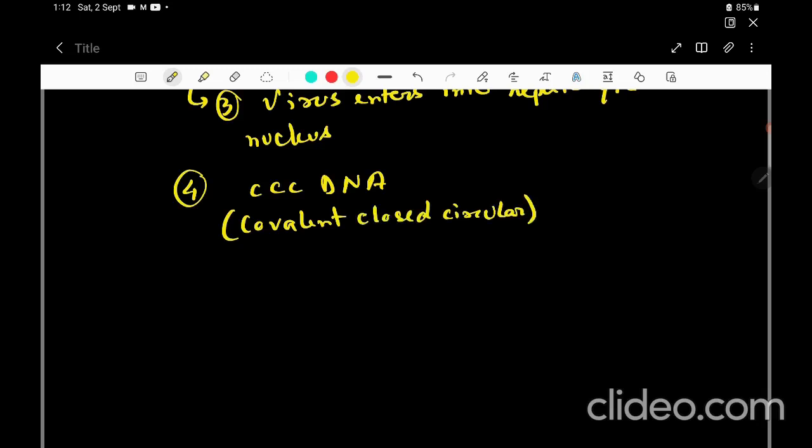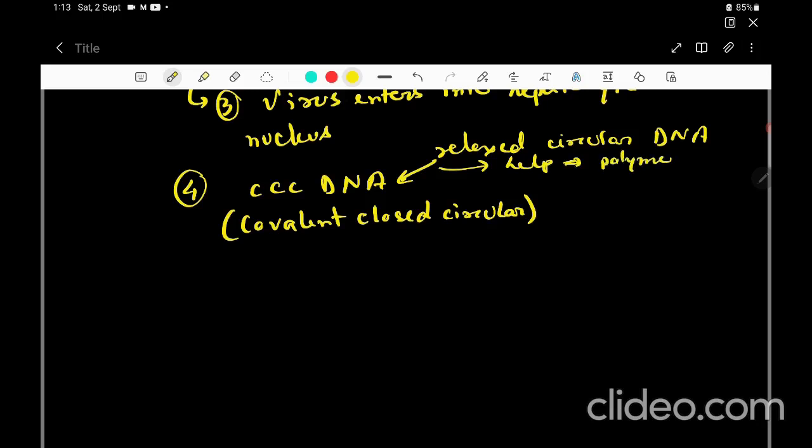CCC DNA stands for covalent closed circular DNA. Excuse me, sorry for my misinterpretation. The relaxed circular DNA has just a change in structure, and this forms the covalent closed circular DNA with the help of polymerase enzyme.